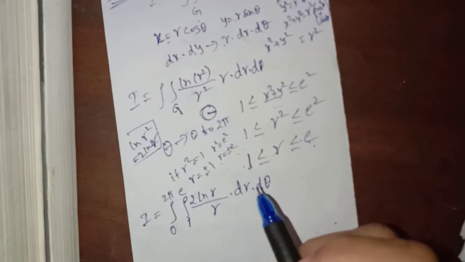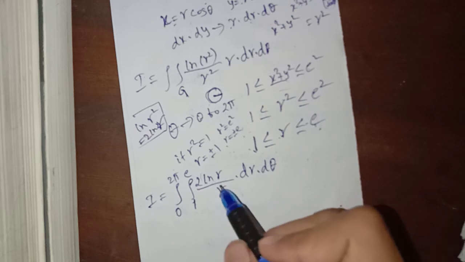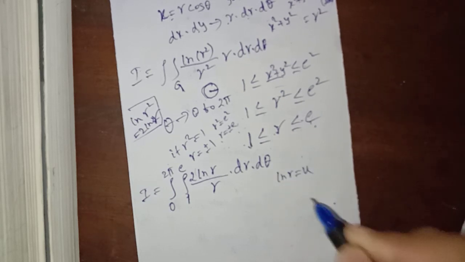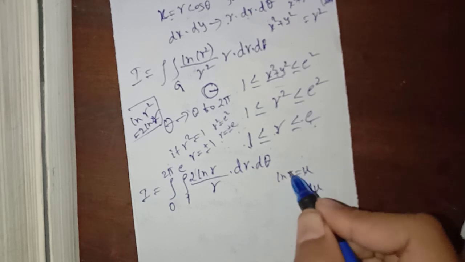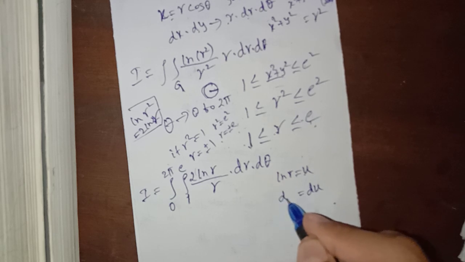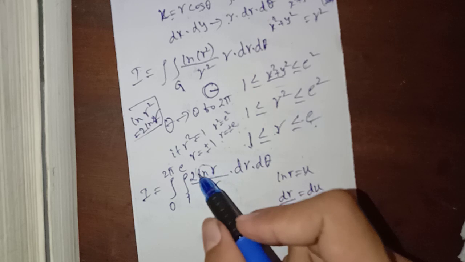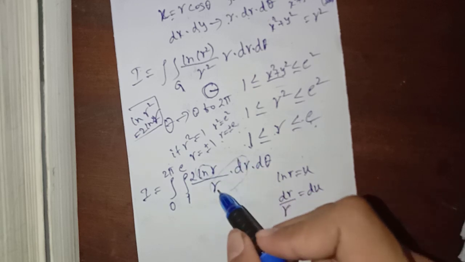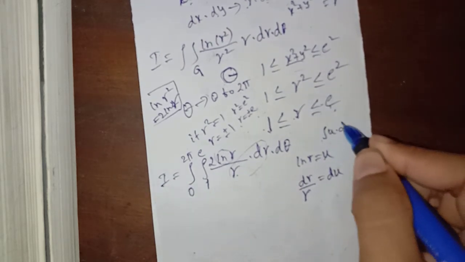Now if we put ln r is equal to u, what is du? If we differentiate ln r, we get dr by r. So in place of u we put ln r, and in place of du we put dr by r. What is the integration of u du?